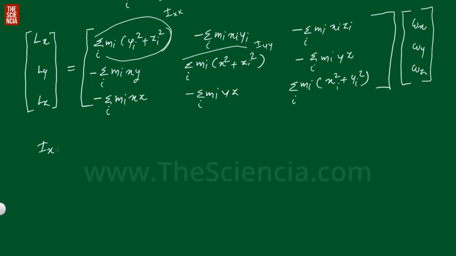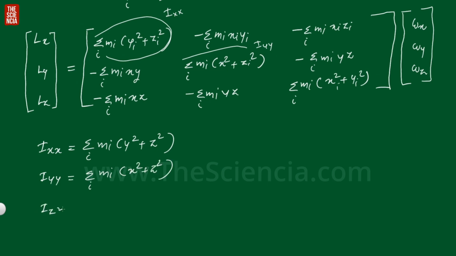That is Ixx equal to summation m_i (y_i square plus z_i square), and Iyy is equal to summation m_i (x_i square plus z_i square), and Izz equal to summation m_i (x_i square plus y_i square).